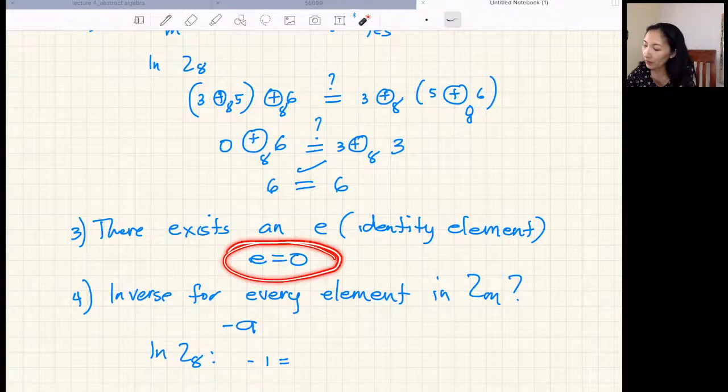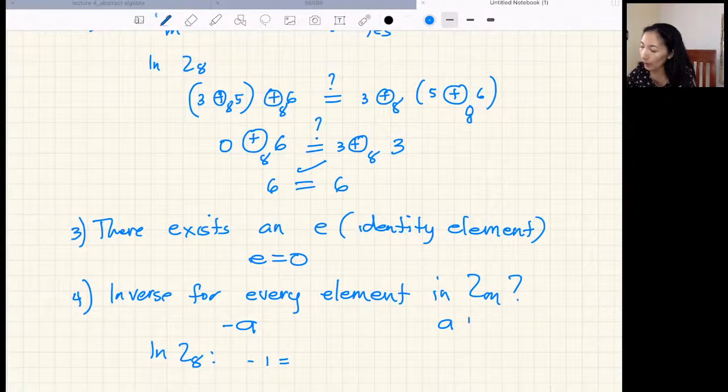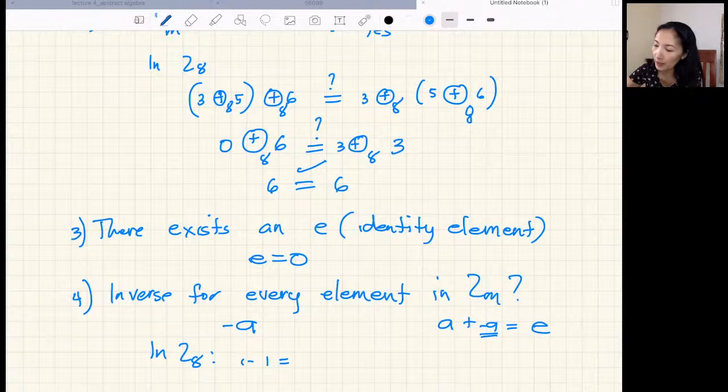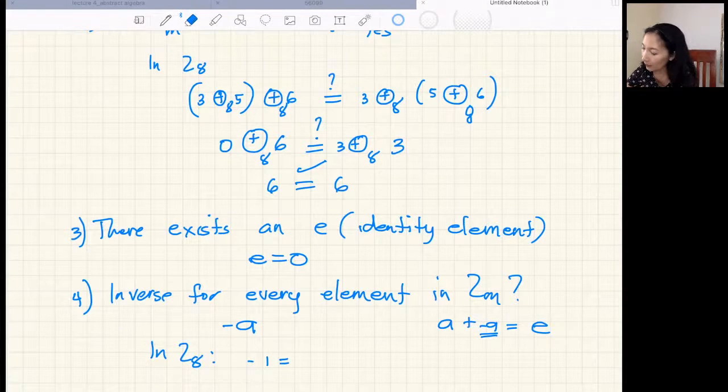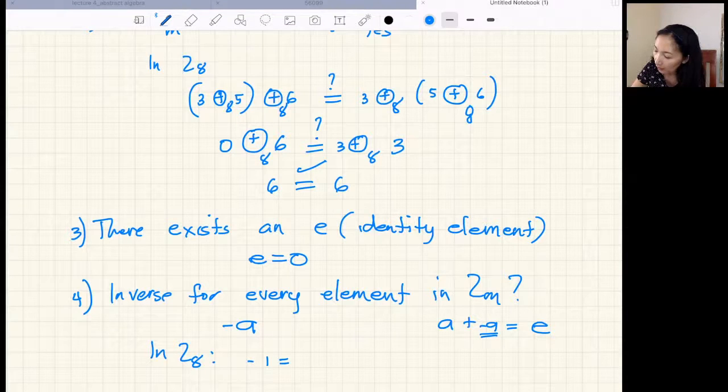And when you speak about inverse, that element which when added to a given element will result in the identity, we shall denote it as negative A. So please do not say positive 1. We are using the symbol only to mean the inverse of 1 in Z sub 8. So for Z sub 8, once again, your elements are 0, 1, 2, 3, 4, 5, 6, and 7.